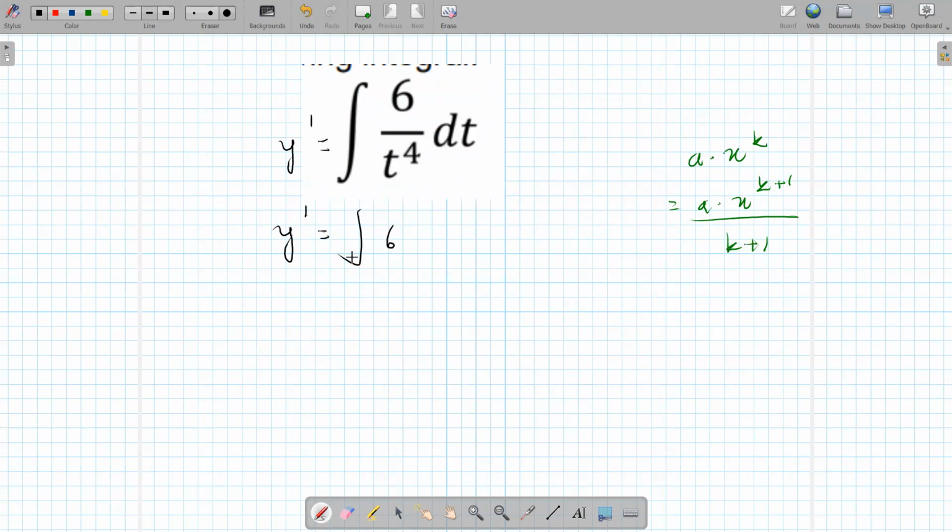If we throw this up top, you can throw them up and down, right? If you throw them up and down, the sign of the exponent is going to change. So if you throw t^4 upstairs, what do you get? T to the -4. So there you go. That's our notation. Now let's use this formula.